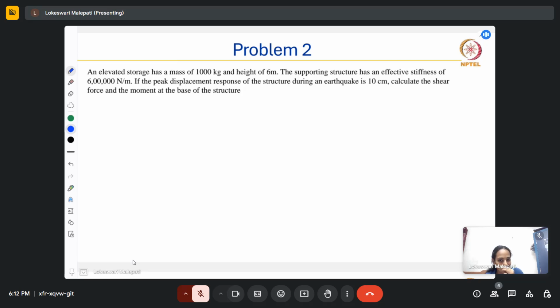So they have given the peak displacement of the structure. They have also given the effective stiffness and mass and everything. They want us to find out the shear force and the moment at the base of the structure. We'll calculate first force, that is force equal to stiffness into displacement.